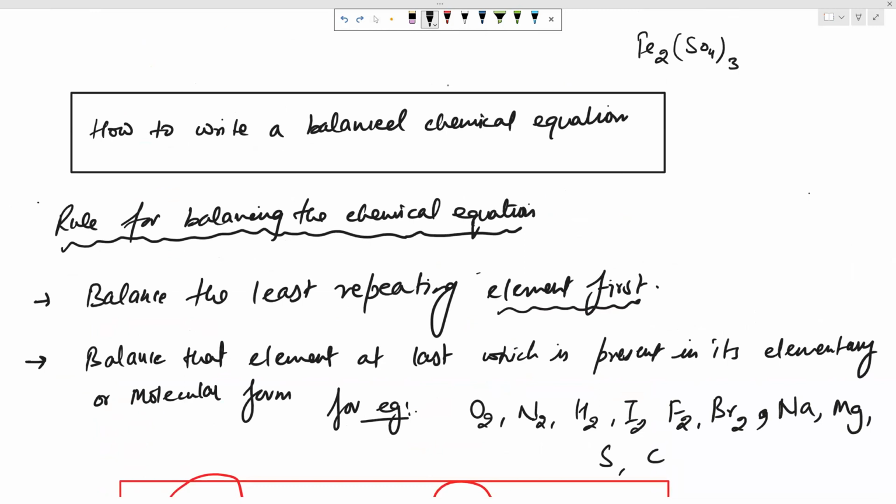Triangle in chemistry is generally written as change. We don't write heat this way; this triangle symbol represents the change in enthalpy, or change in something. So it is better to write heat.